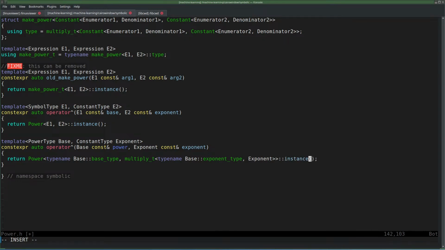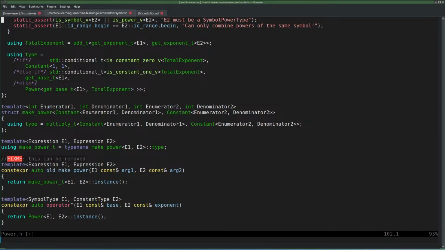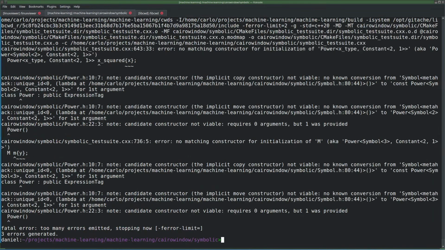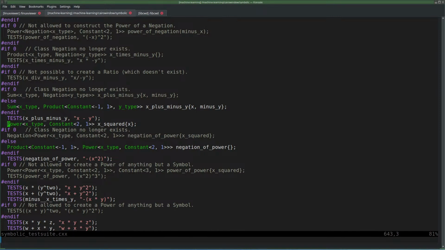Instance. No major constructor initialization of power, blah blah blah blah. Very interesting that it worked all this time, and now suddenly I get all these errors.